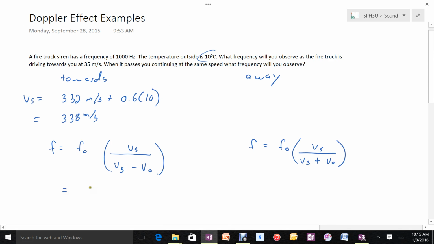In this example, then, we have 1,000 hertz as the original frequency, 338 meters per second for the velocity of sound. The velocity of the object was 35 meters per second.